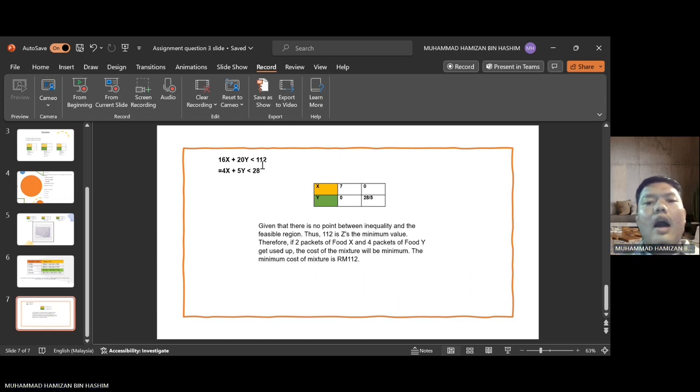I do this because I want to know the minimum value. We simplify it to x plus 5y less than 28. So I put a table to know the values of x and y.